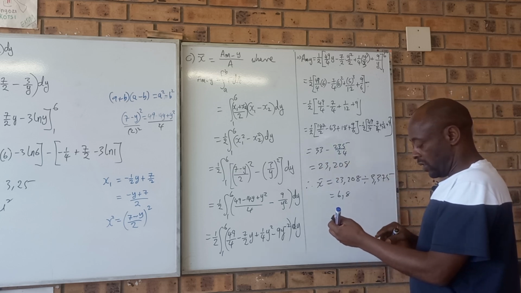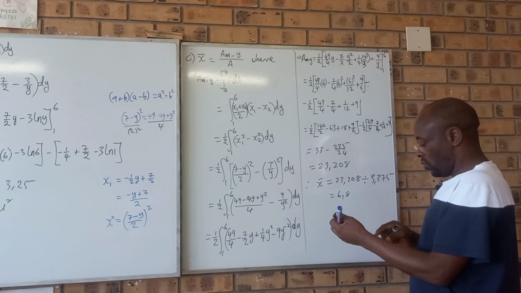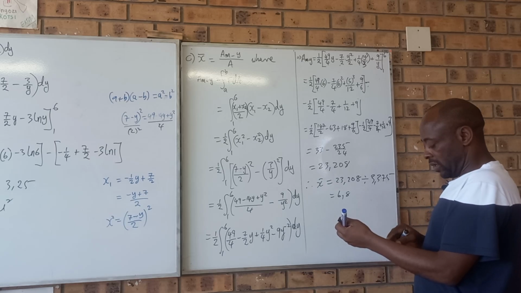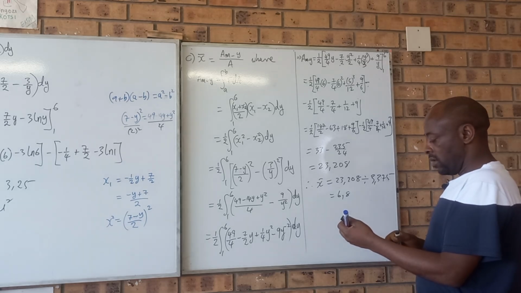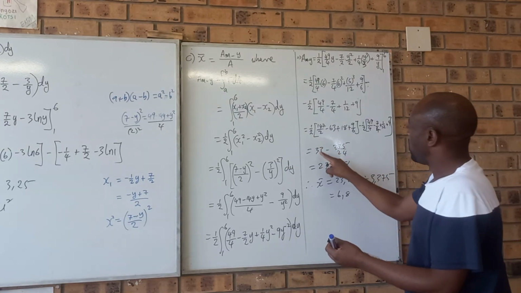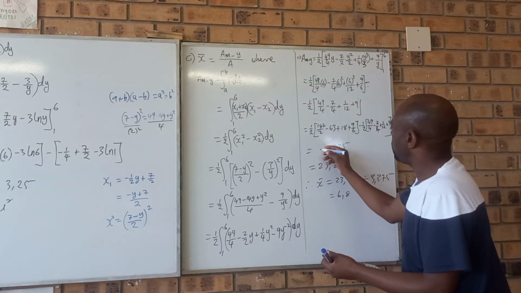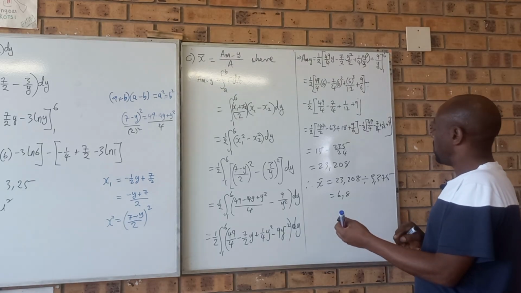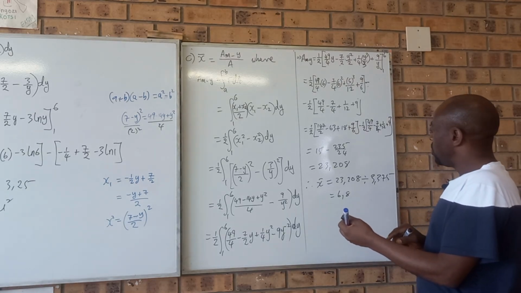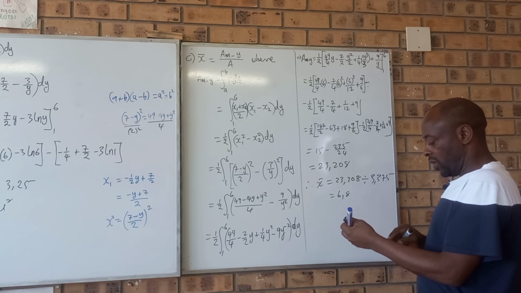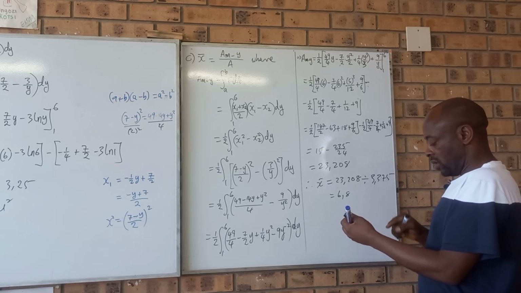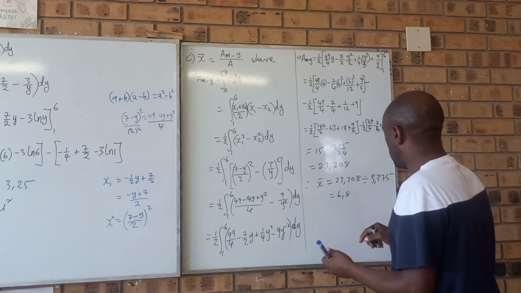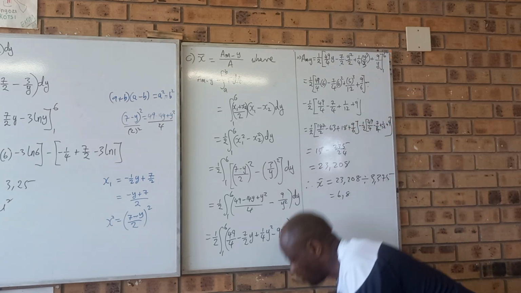So I'll get 147 on 2. Then minus 63 plus 18 plus 9 on 6. That gives me 30. I multiply by a half. That gives me 15. So this is supposed to be 15. So if I now take 15 minus 235 on 24, that takes me to 5,208.